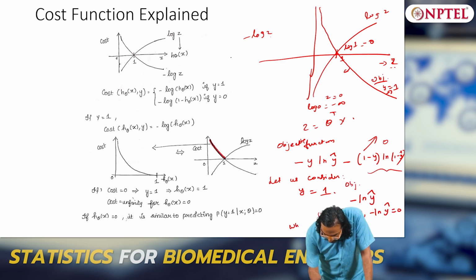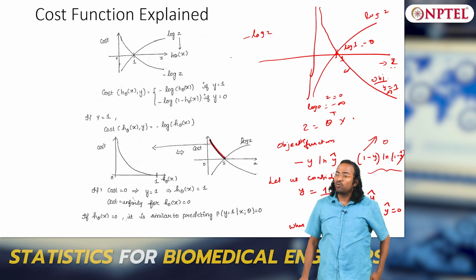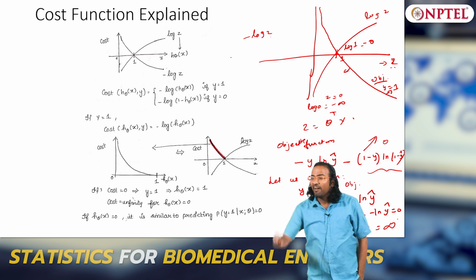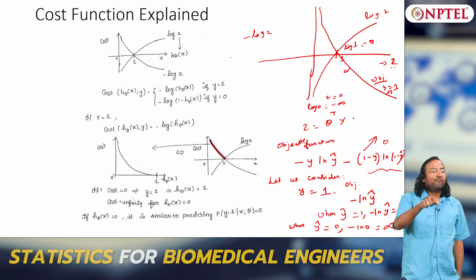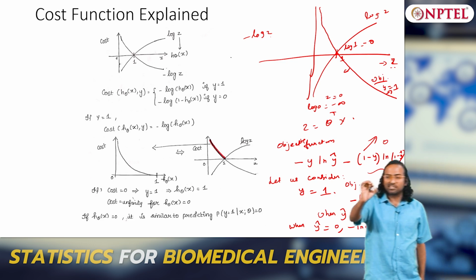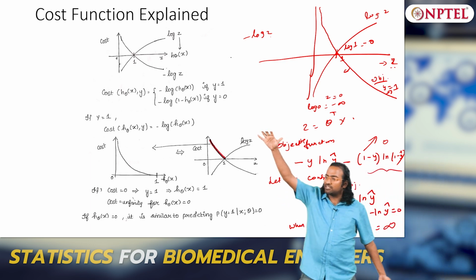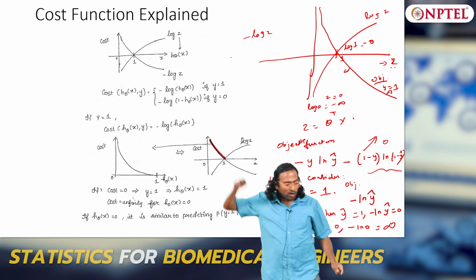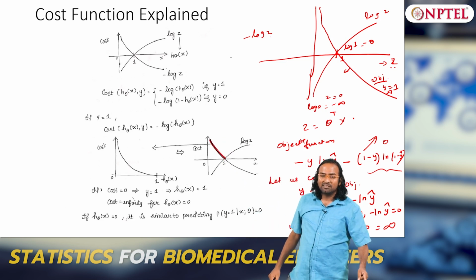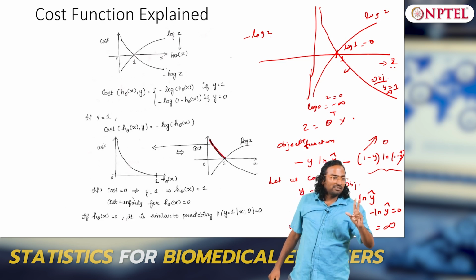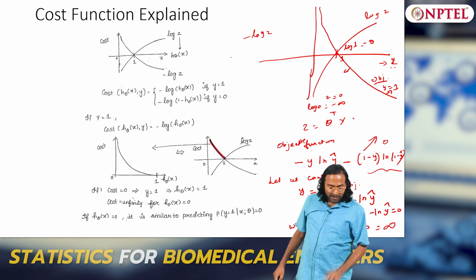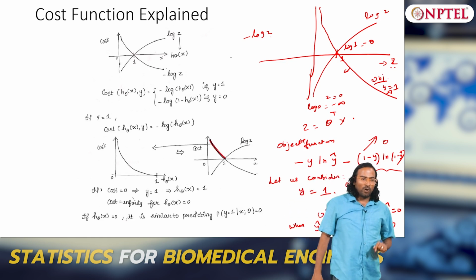Now when y hat equals 0, the output is minus ln 0, which is infinity. You have a very high error. This is what you want: when there is no error, your cost is 0, and when there is an error, your cost is infinity. So you want to minimize this function. If you minimize it, that means you have got the right parameters. So this is the case when y equals 1.